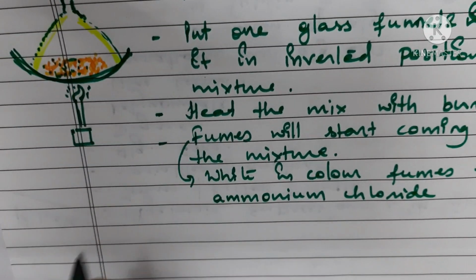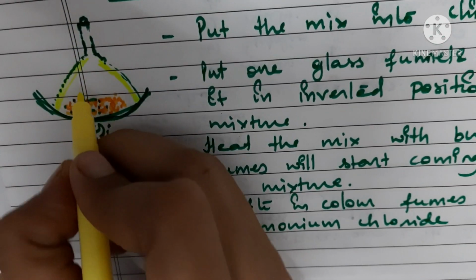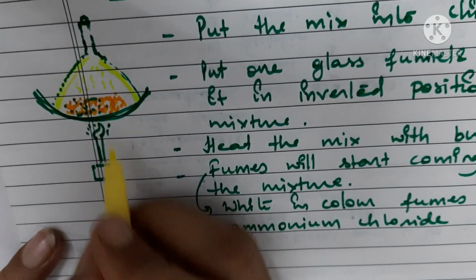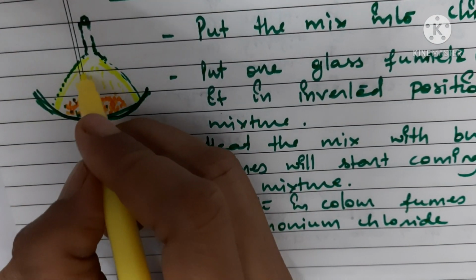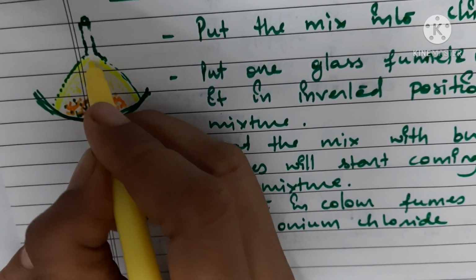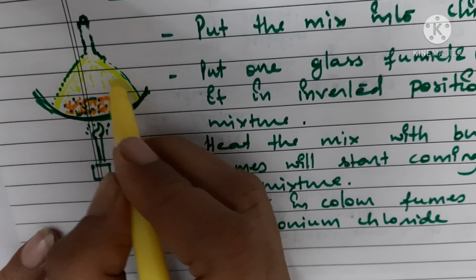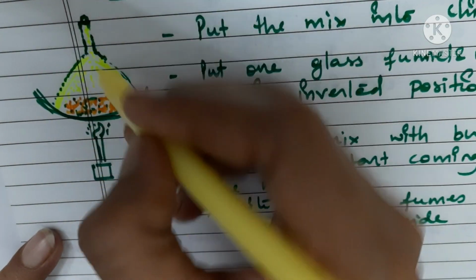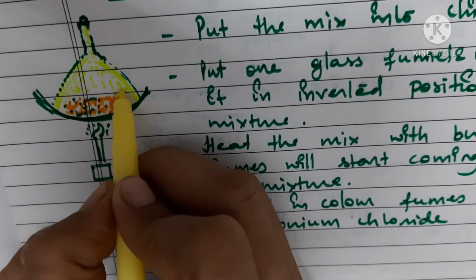ये जो वाइट फ्यूम्स जो इसमें से निकलने लगे, डेंस वाइट फ्यूम्स निकलने लगे. The fumes were dense and they started coming out of this mixture. इसमें से निकल के ये पूरे ग्लास में यहाँ से यहाँ तक फैलने लगे और ये स्टिक होने लगे वॉल्स में.